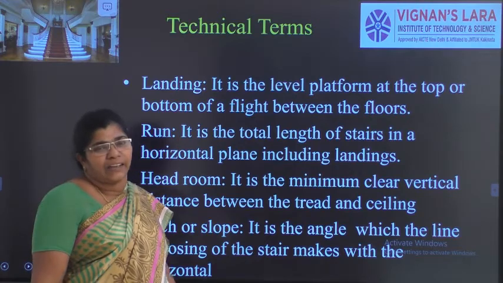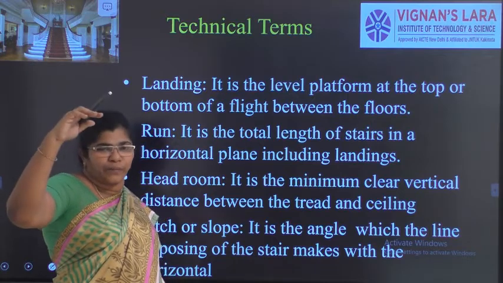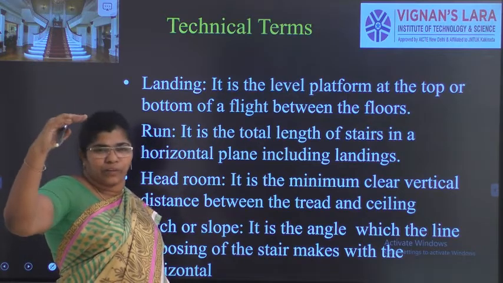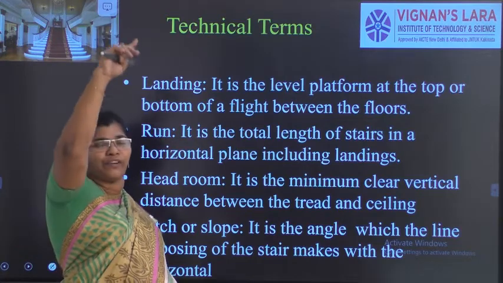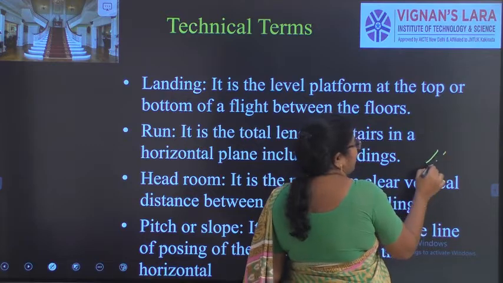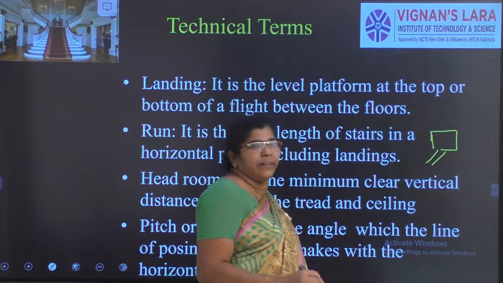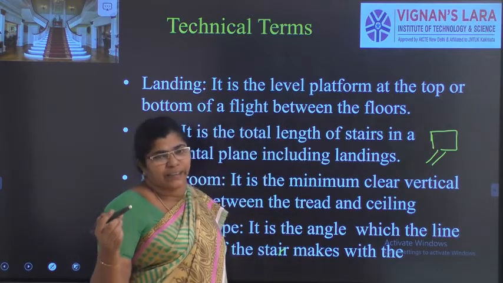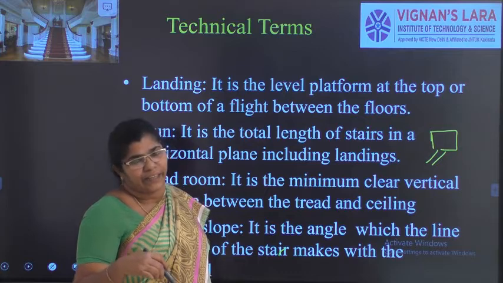Headroom is that, if you have seen, the staircase will move to the last floor, right? The upper floor. After the upper floor, for moving up, they will have a room at the top, right? If this is the last floor, then above this they will have a room, in order to protect the staircase from rainwater, sun, and weathering action entering into it.